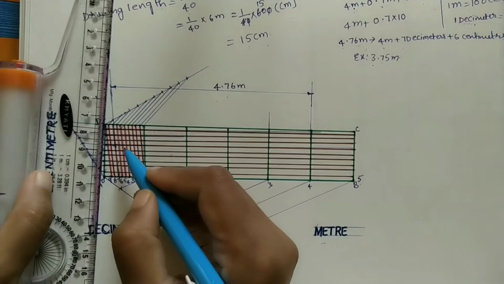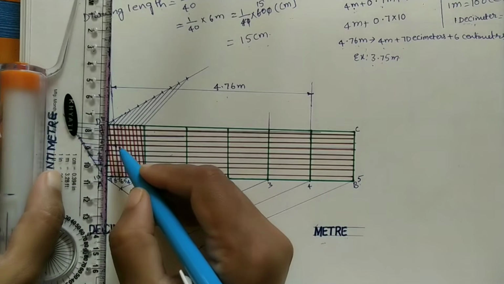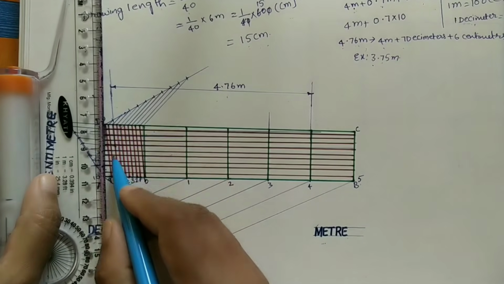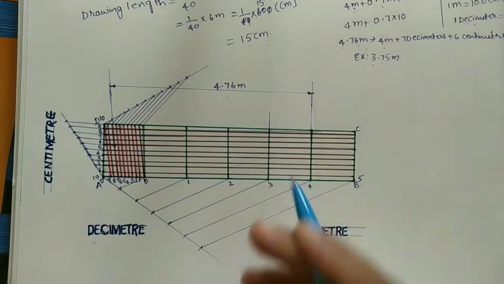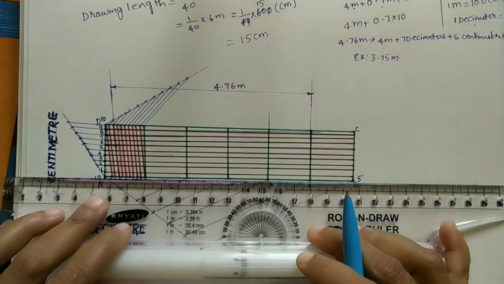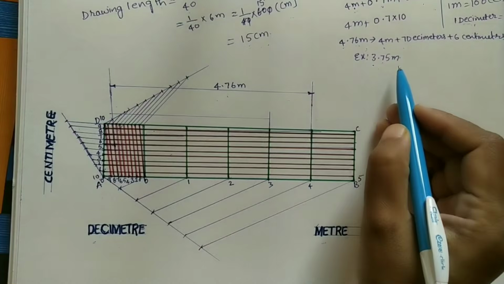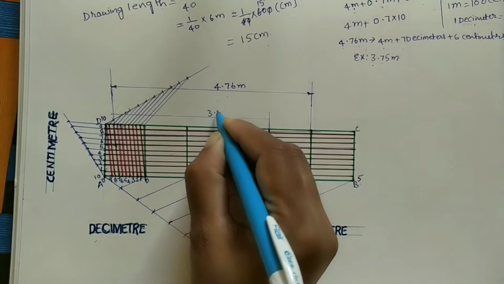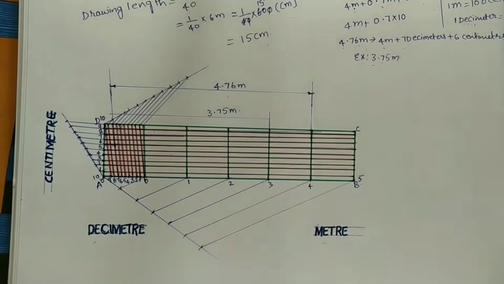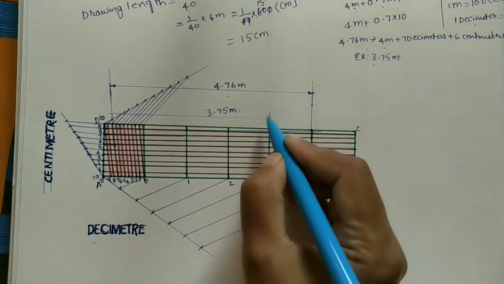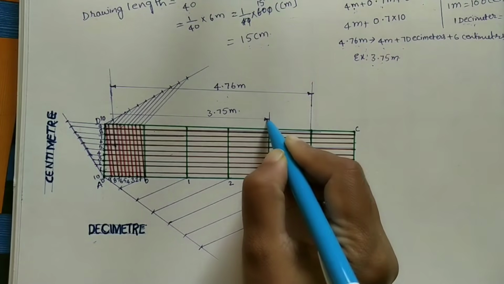Draw the vertical line at this point. This line and this line, the gap will give the dimension. This one is 3.75 meters. In this way you have to mark the dimension of the given value.